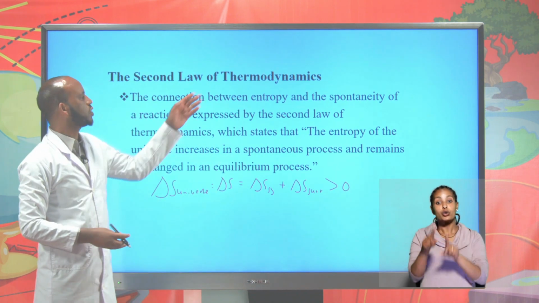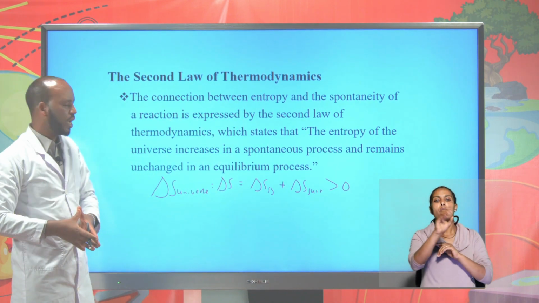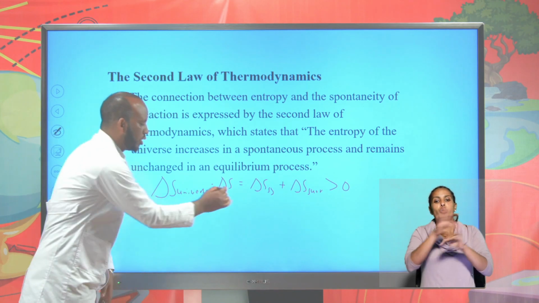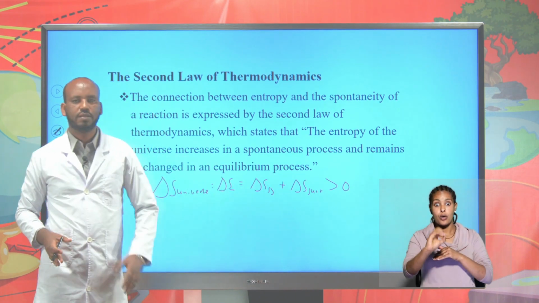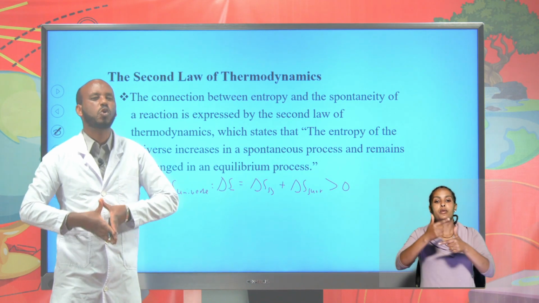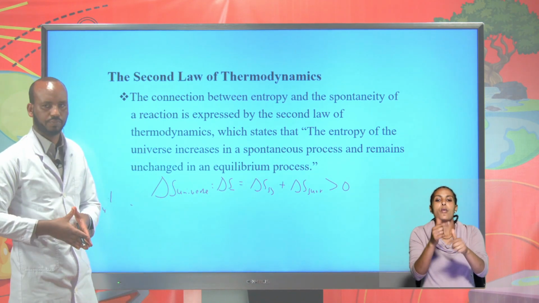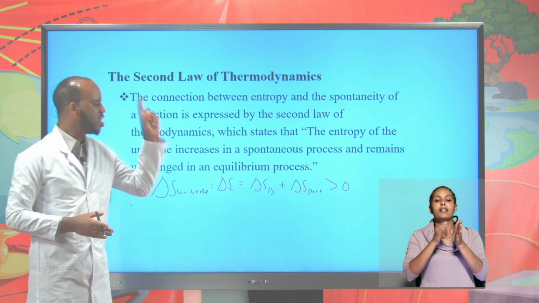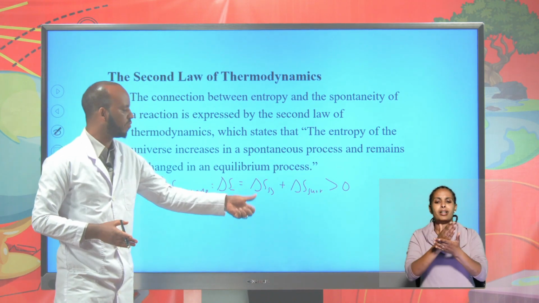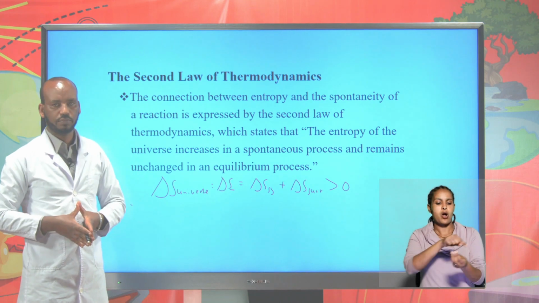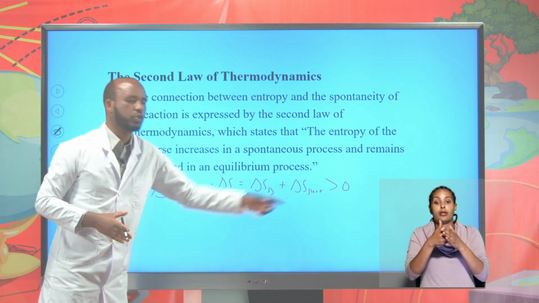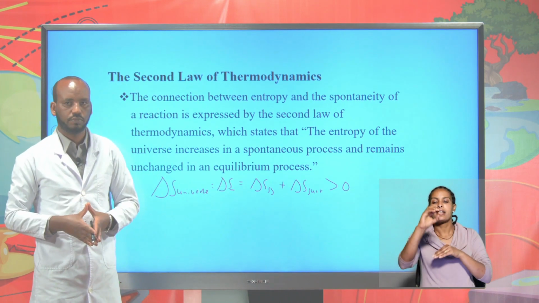According to the second law of thermodynamics, if the total entropy change is greater than 0, then the process is spontaneous. Note that there is no strict criterion for the sign of the entropy of the system and the entropy of the surroundings, as long as the total entropy change is greater than 0.